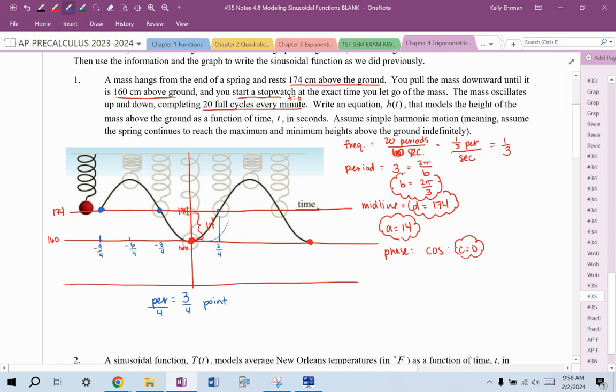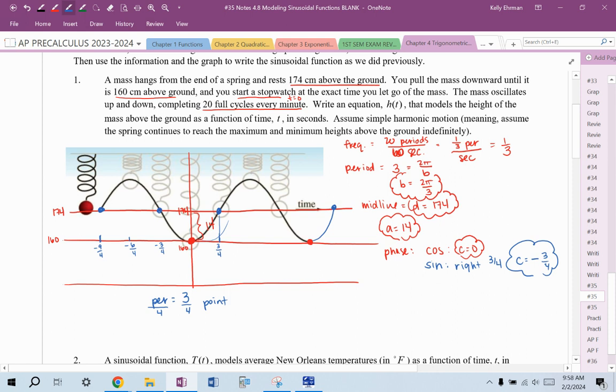It's kind of weird with time to go backwards. So how about we start our sine curve here if we had to find sine like that. So if I'm going to do a sine curve, or maybe I was told to do a sine curve, to the right 3/4 would be c equals minus 3/4.